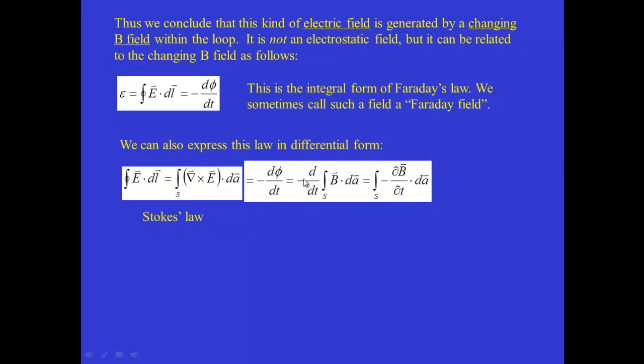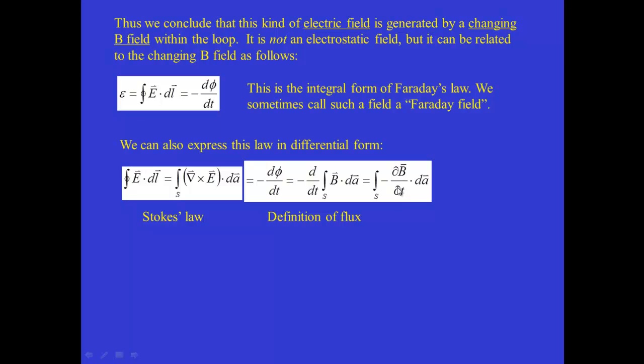And so we can realize that Stokes' law then tells us that the left-hand side, if we replace it with minus d phi dt, and then simply use the definition of magnetic flux, phi is equal to the integral of B dot dA over some surface, so we pull the time derivative outside the integral, we see that we can write this as the integral over a surface of the time rate of change of the magnetic field dot dA.